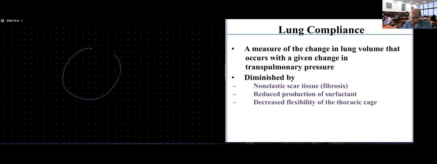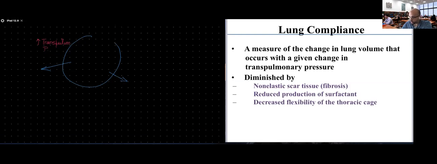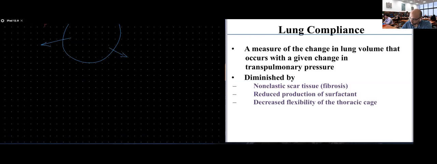He is compliant. So what do you want the lungs to do? You want the lungs to expand whenever you have an increase in the transpulmonary pressure. And also you need your lungs to collapse, not fully collapse, but to reduce their size when you reduce the transpulmonary pressure.